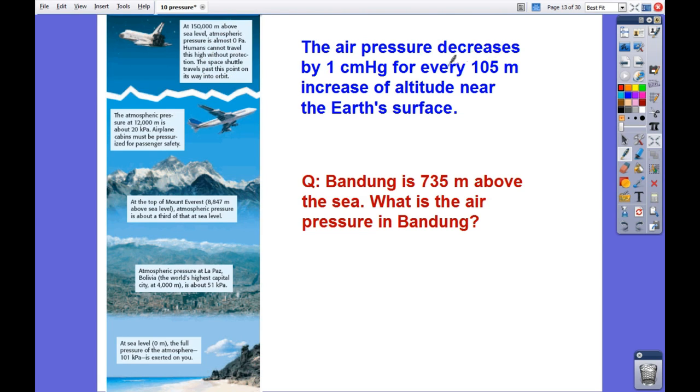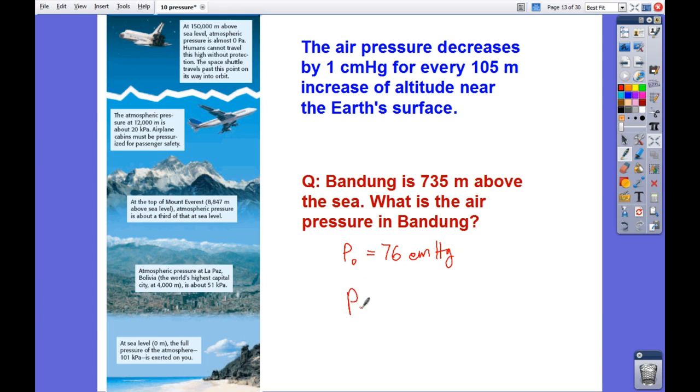The air pressure decreases by 1 centimeter of mercury for every 105 meter increase of altitude near the Earth's surface. For example, Bandung is 735 meters above the sea. What is the air pressure in Bandung? Air pressure at the sea is 76 centimeter of mercury.